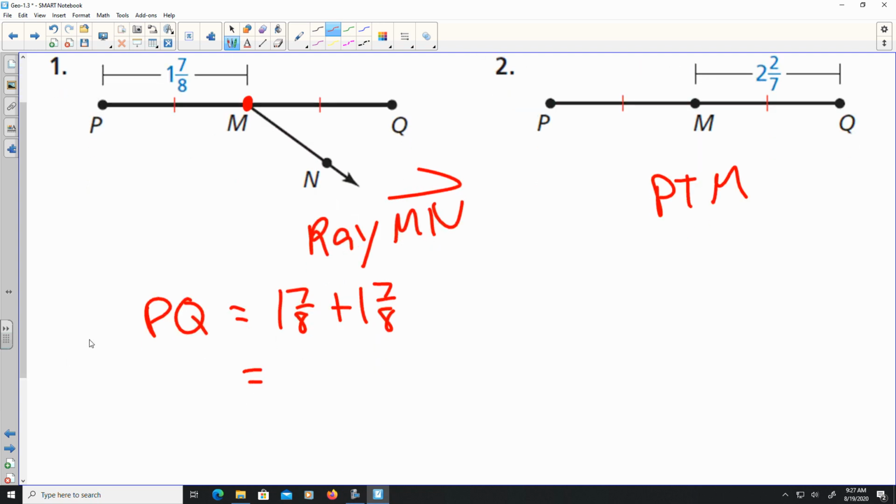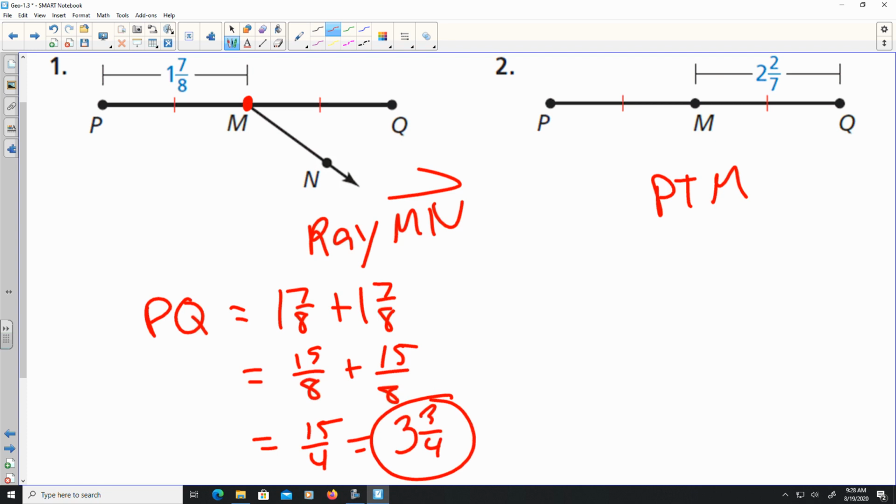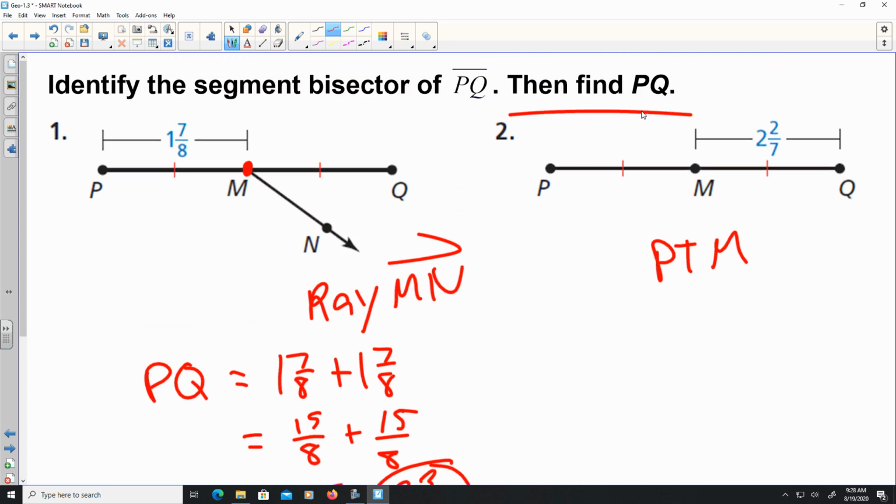That would be 15 over 8 plus 15 over 8. Add them together and reduce, and we get 15 over 4, which as a mixed number is 3 and 3/4. There's no measurement, so we just leave it like that. You could put units on there if you wanted to.